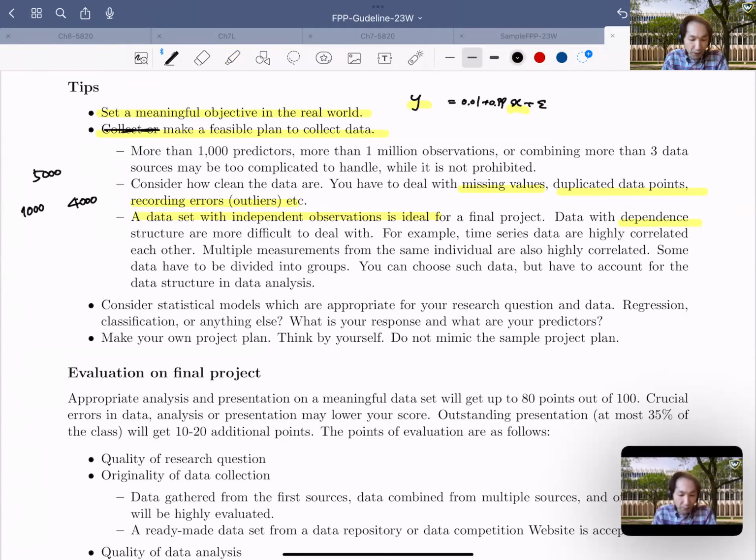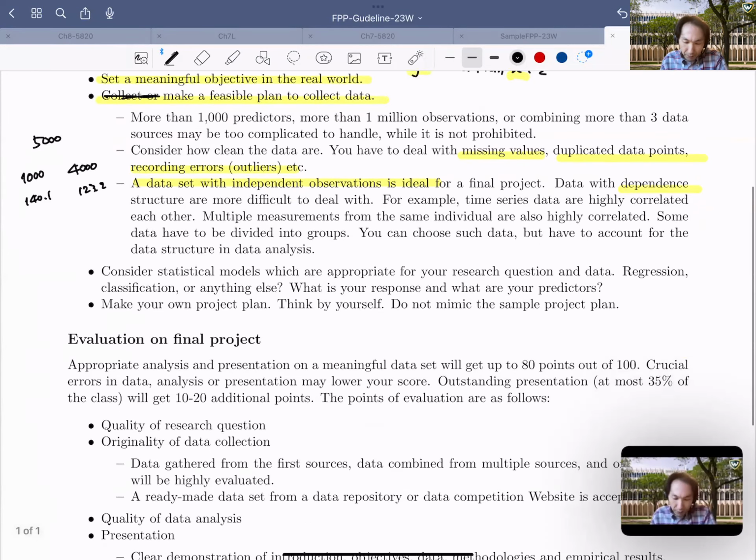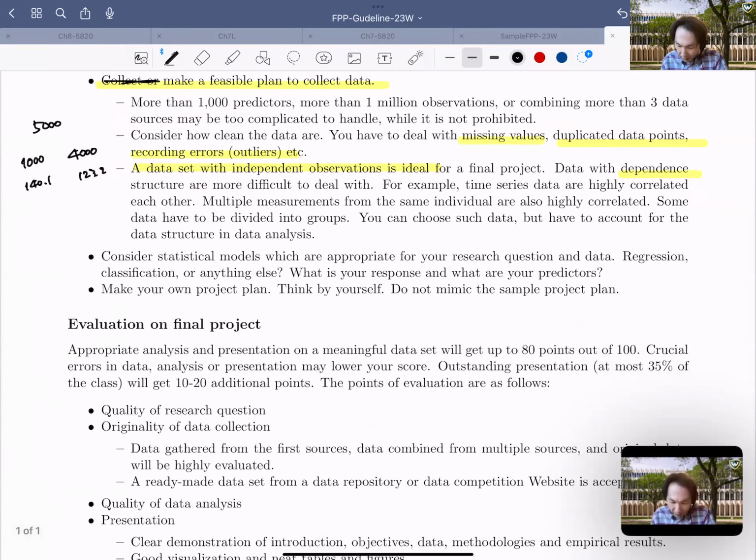And you have the mean weight, the mean height and the mean blood pressure or something like that. But if you only have summarized data, then you cannot analyze it, even if the original data has 5,000 observations. So you need the original data set, the raw data, with data for sample units.